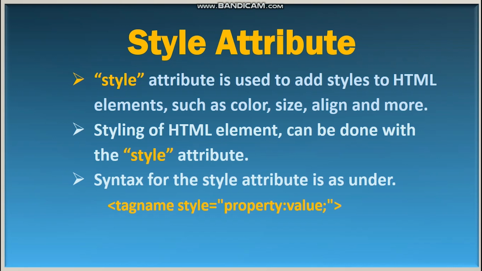First of all, we write the paragraph tag or p tag, then add the style attribute and write some property. We write color, and give the value of the color which you want: red, green, blue, white, etc. So here is the syntax for how to style an HTML element. In this way we use the style attribute. We will learn the implementation of the style attribute with examples.